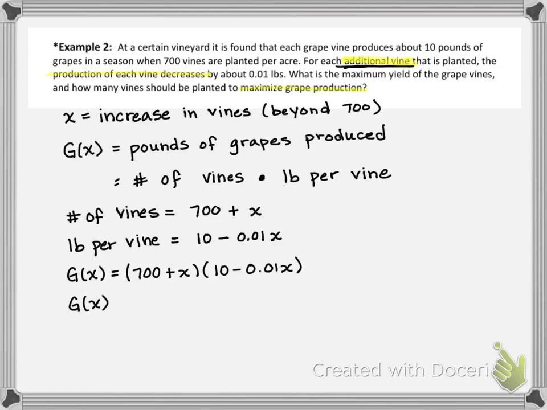In order to maximize, I want to find my vertex, and my vertex formula, x equals negative b over 2a, is based on the general form of a quadratic. To use that formula, I have to put it in general form. So I'm going to distribute everything.